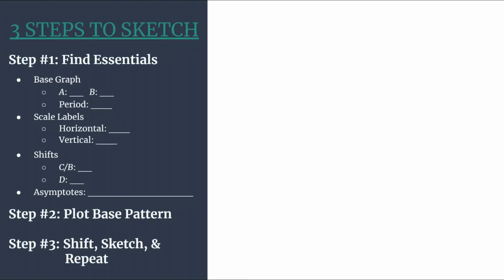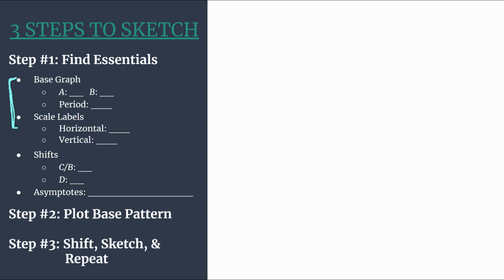So now we have our template, and this will help guide you through the advanced 3 steps to sketch method for tangent graphs. In step 1, finding the essentials, we've broken it down into finding the base graph and the scale labels first. So we're using A and B, and this will be identical to the basic method.